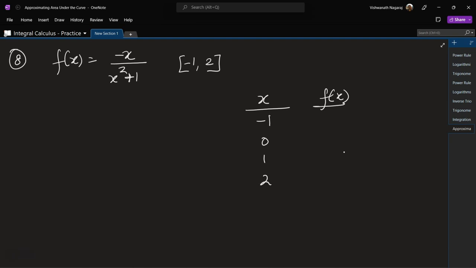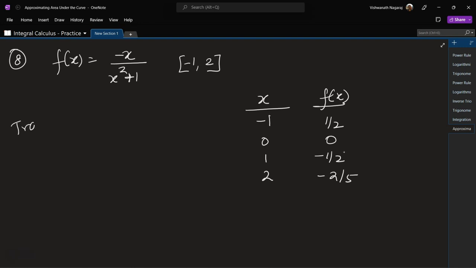If it is minus 1, we get minus minus 1, 1 by 2. 0 gives us 0, 1 gives us minus 1 by 2, and 2 gives us minus 2 by 5. Okay, just to make sure, minus 2 divided by 2 square is 4 plus 1, 5.